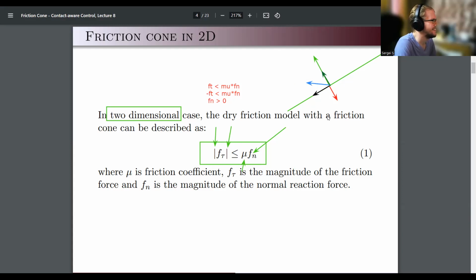So this blue line sounds nice, but it is actually just a combination of two different forces: friction force and normal reaction force. So we're talking about normal reaction force right now. It is always one direction, normal to the ground. It's not like a family of directions. It's just one direction, one line. And it can be positive or negative along this line.